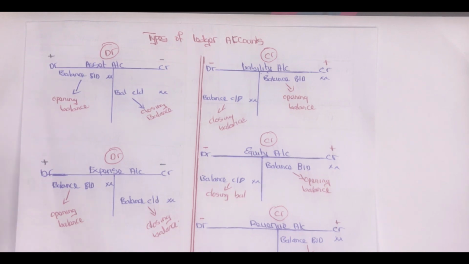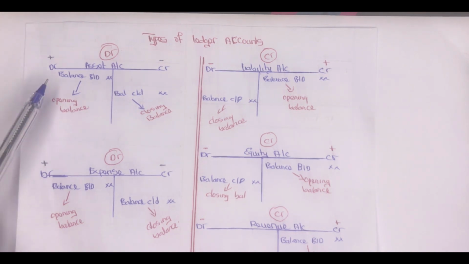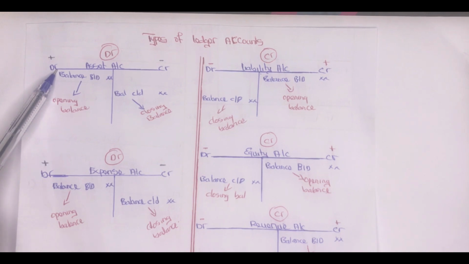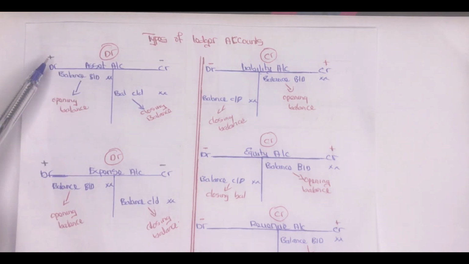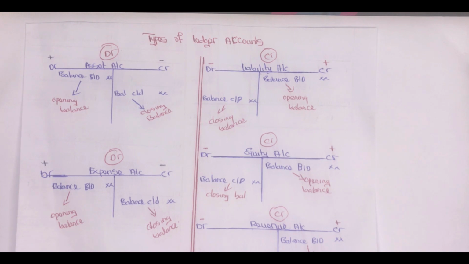Remember, the asset account and the expense account belong to one group. Why? Because the two have a debit balance. The debit side increases the asset account, and the credit reduces the asset account.